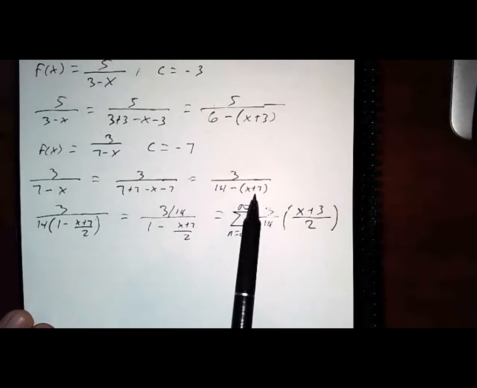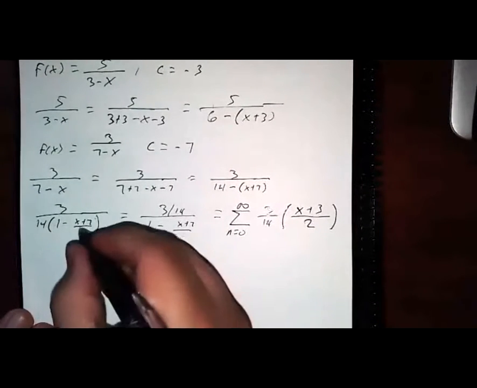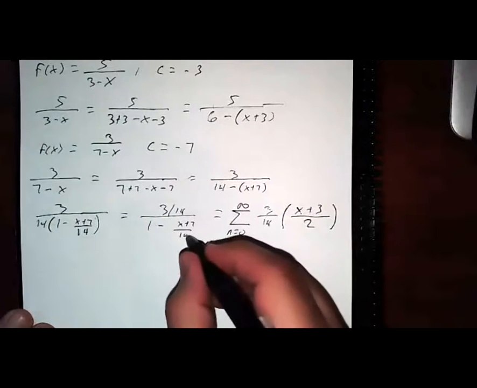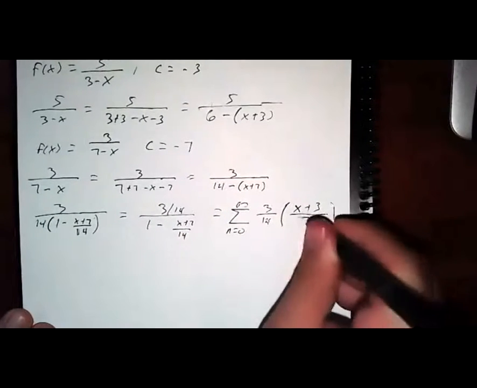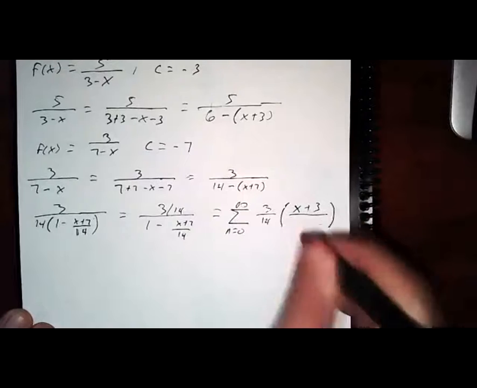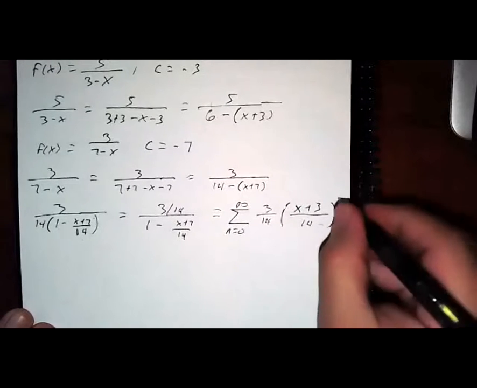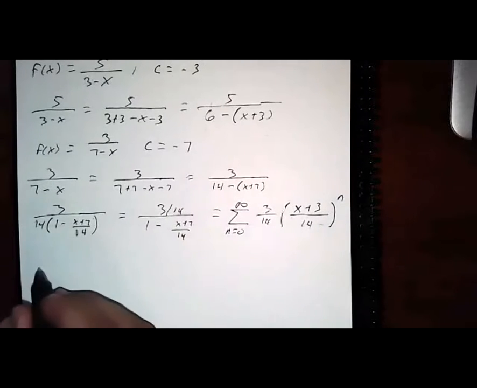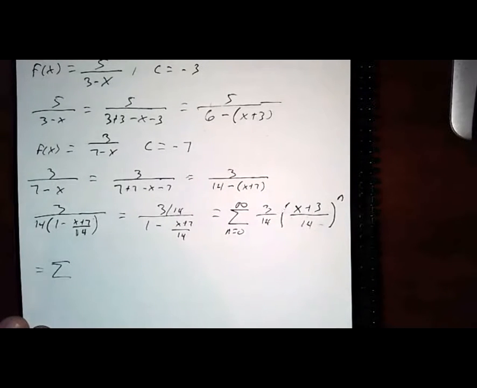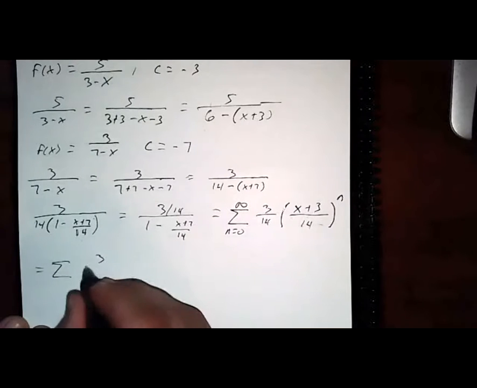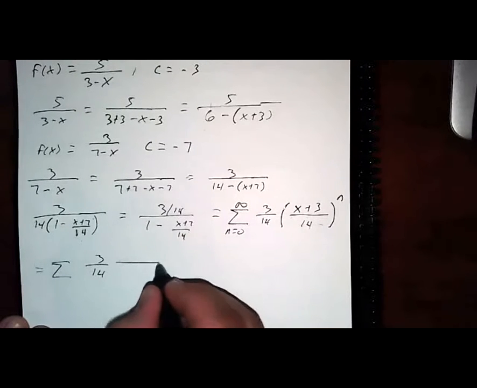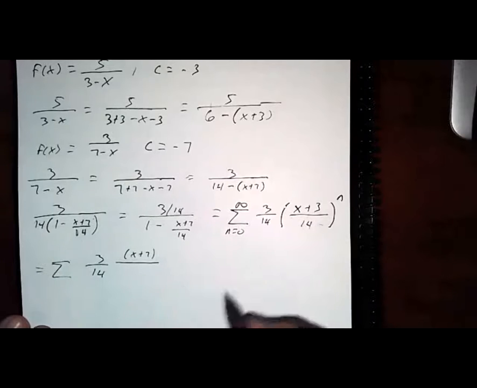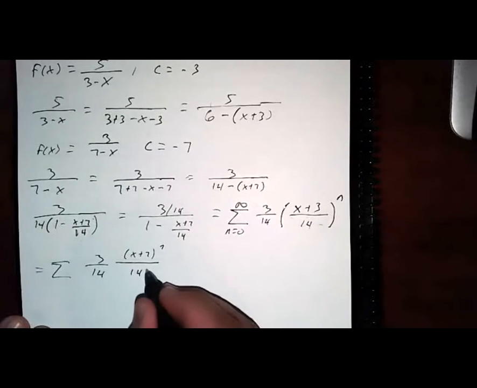But factor out of 14, I should have a 14 here, actually, not a 2. I don't know where that came from. Sorry. So this should be 14 to the n. So final form here, it should be 3/14 times x plus 7 to the n over 14 to the n.